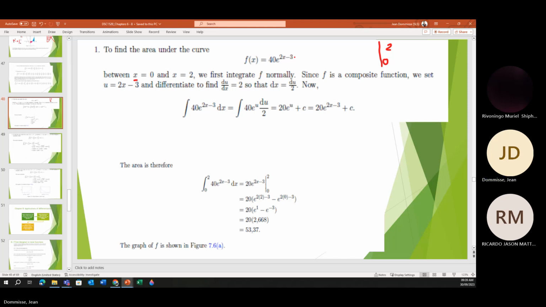Now, again, it's not as simple as some of the previous ones, because we again sit with this thing called an exponential function. So once again, we will tweak it a bit. I'm working with two terms, so let me change the 2x minus 3 to u again, so that we can work with that.